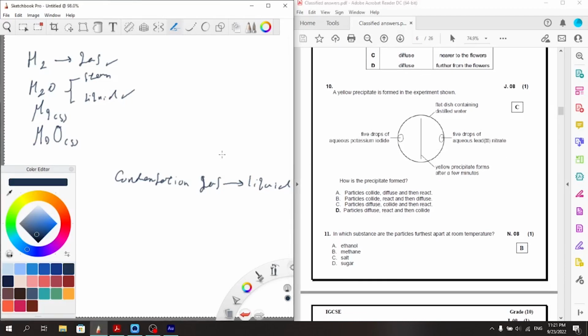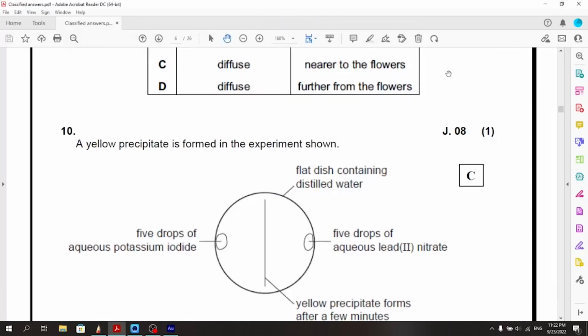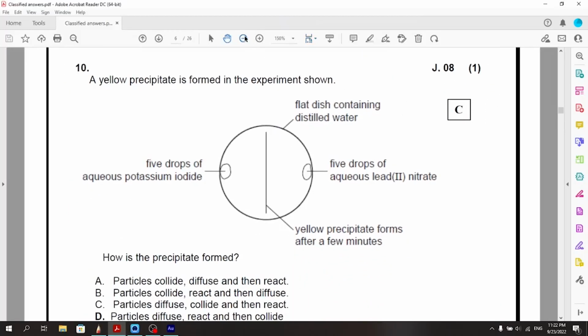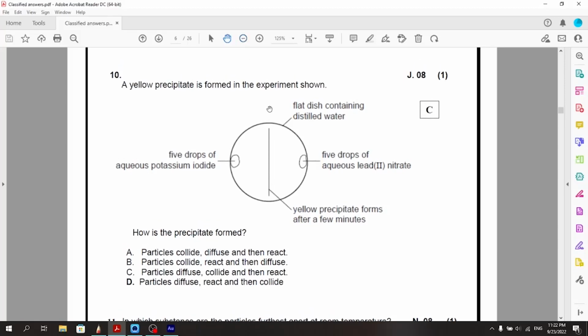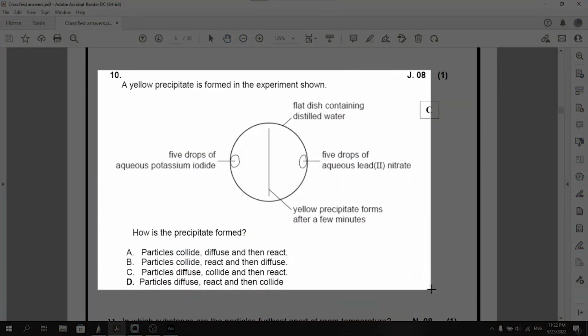Okay. As for question number 10, a yellow precipitate is formed in the experiment shown. We have a flat dish containing distilled water. We have 5 drops of aqueous lead nitrate on one side of the dish. Let me just take a quick screenshot so that I can annotate.